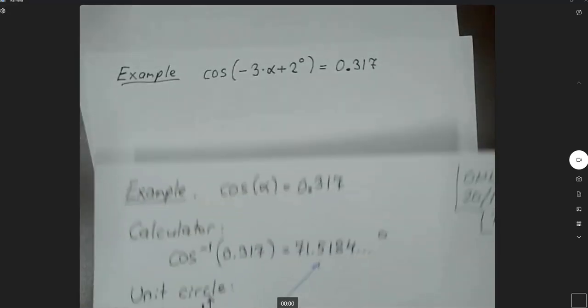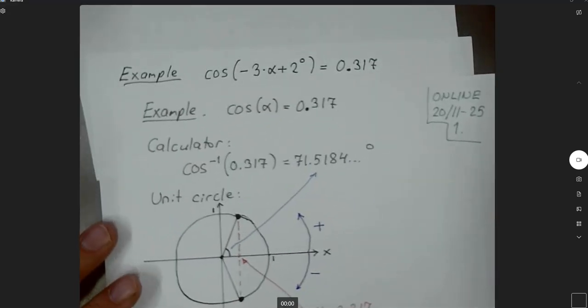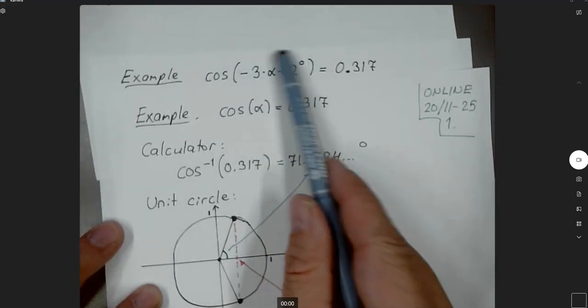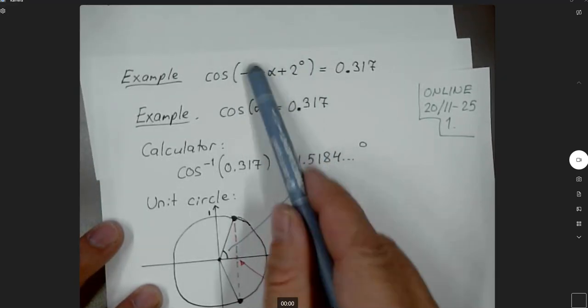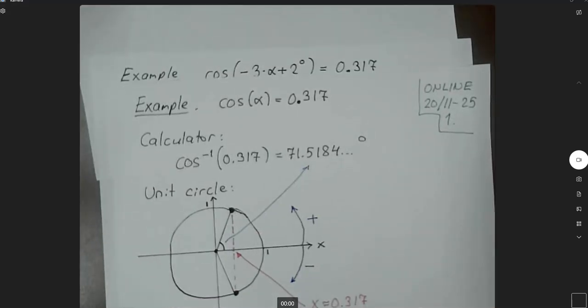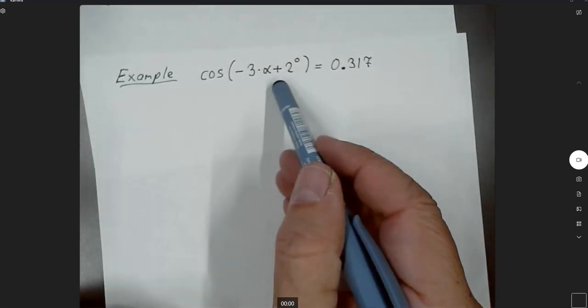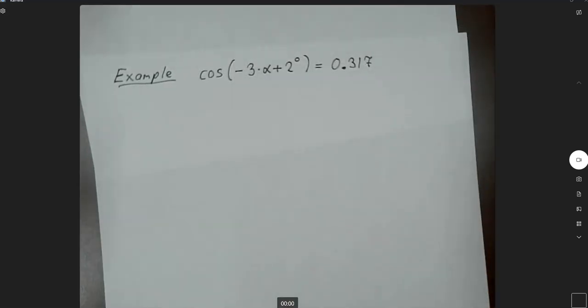Here. So this is almost the same, but there is not a simple alpha there, but this kind of expression. But the problem is only in this point. We are solving this with the same method.